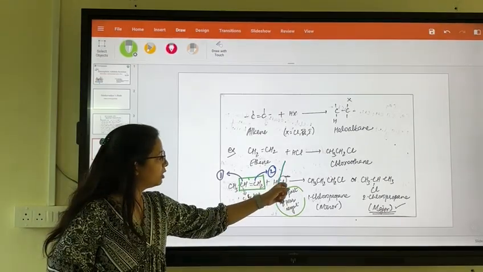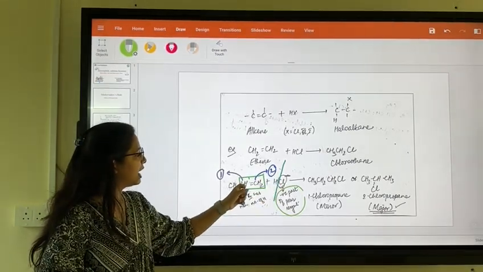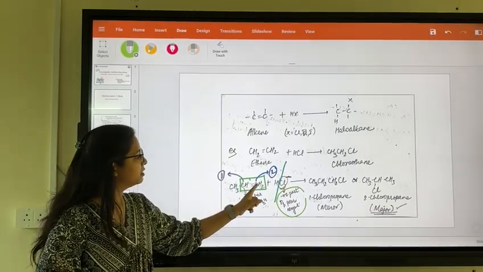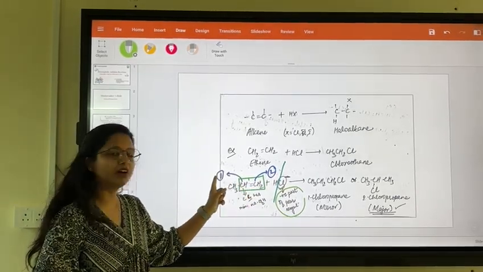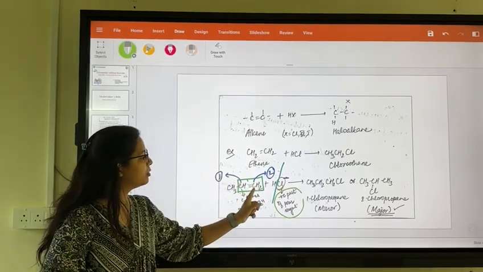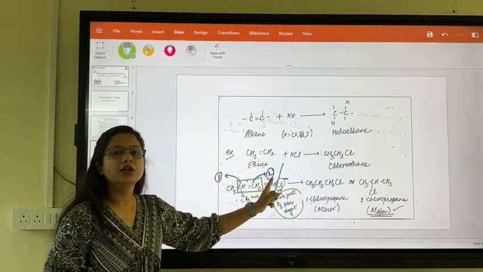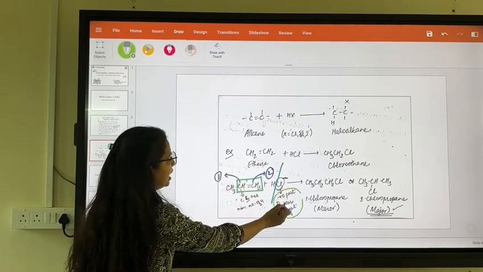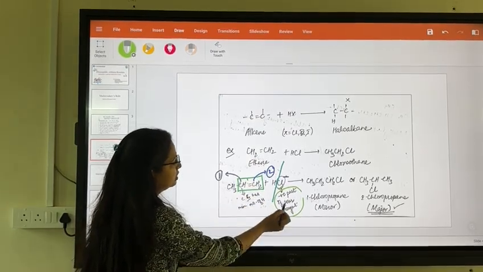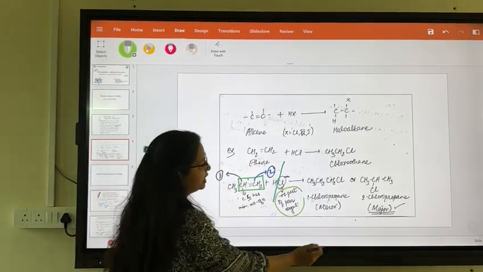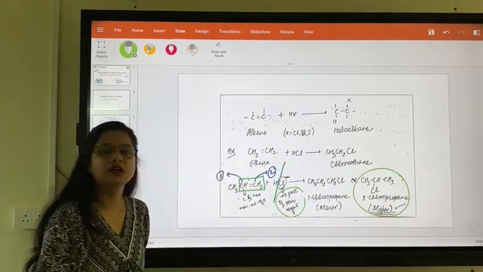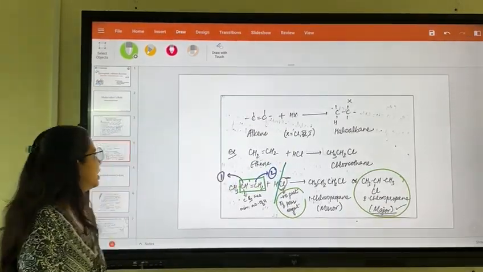Alright, so the chloride will be added to the carbon which has minimum number of hydrogen. As for that, this carbon has only one hydrogen and another carbon attached to the double bond has two hydrogen. So as per definition, this chloride ion will be attached to this particular carbon and it will form 2-chloropropane as a major product. Alright.